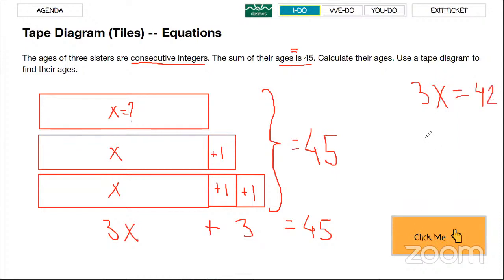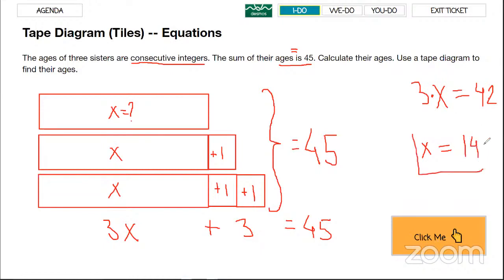Okay. And now 3 times what is 42? You need to think about the multiplication between a variable and a number. 3 times what is 42? I will give the answer, but you can use a calculator to figure it out. 42 divided by 3, if you go backward, so that will be, what was that? 14.